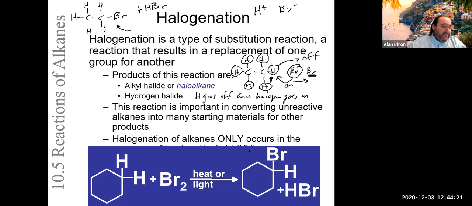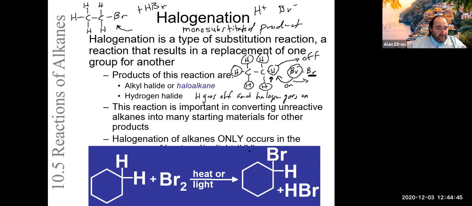And again, usually you may be asked to draw only what is referred to as the monosubstituted product. And monosubstituted product is what it sounds like. You basically just take one hydrogen off. In reality, under the right conditions, you in theory could let this whole thing go and replace all the hydrogens.